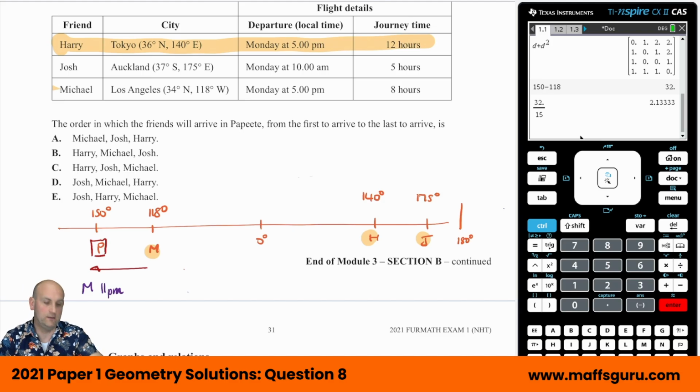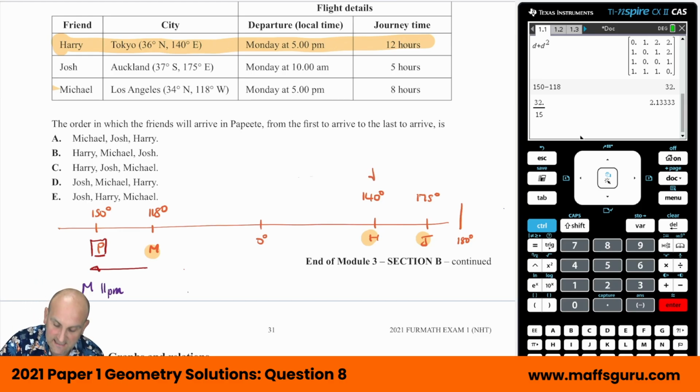And if you've been on a plane and the pilot's told you, oh, well, you now have to knock a day off, then you knock a day off. So what that now means is he's effectively on the international dateline. 175 degrees is roughly speaking there. We're dealing with Harry, so actually he's got 140 degrees.